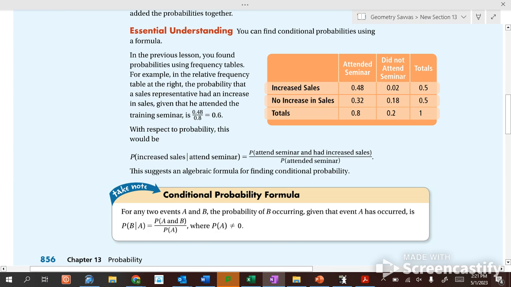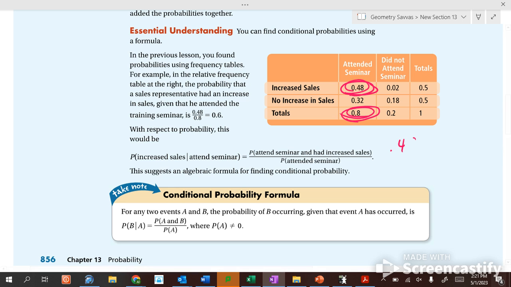Okay? So in the previous lesson, you found the probabilities for frequency tables. In the example, the relative frequency table at the right, the probability for a sales representative to have an increase of sales, given that he attended a training seminar, was 48% of the 80%. Because 80% of the people went to the training seminar, 48% out of all the people had increased sales.